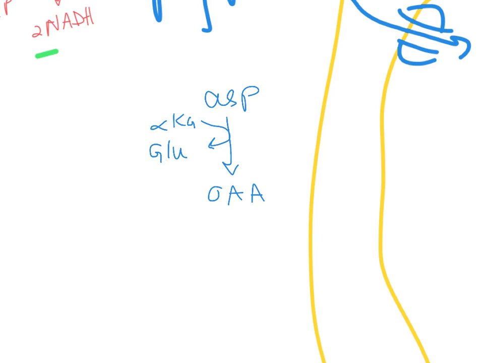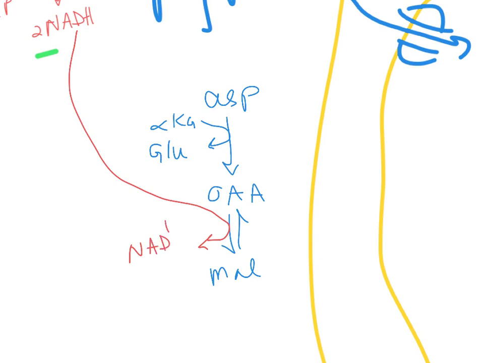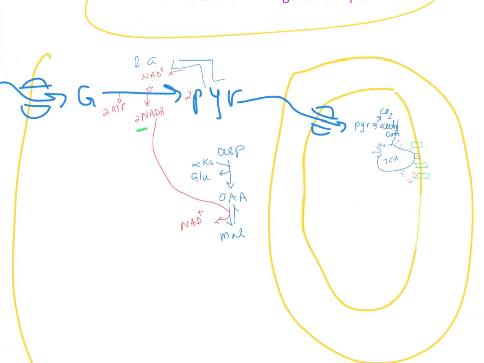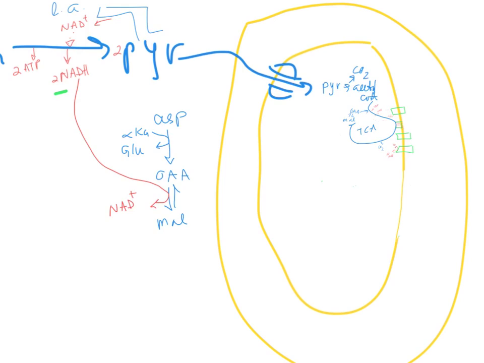And then the next thing that happens is OAA is converted into malate. And the way that it's converted into malate is you add the electrons from NADH to make NAD+. So this is the reverse of what happens in the TCA cycle.